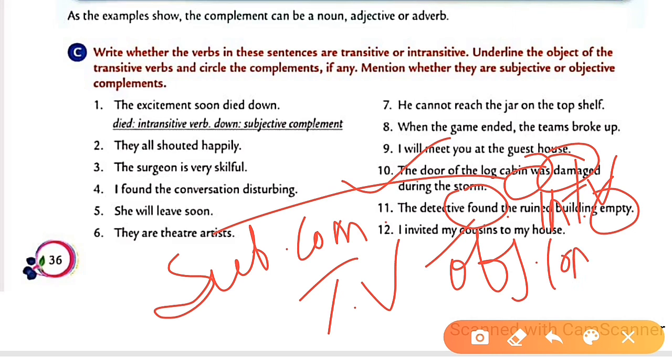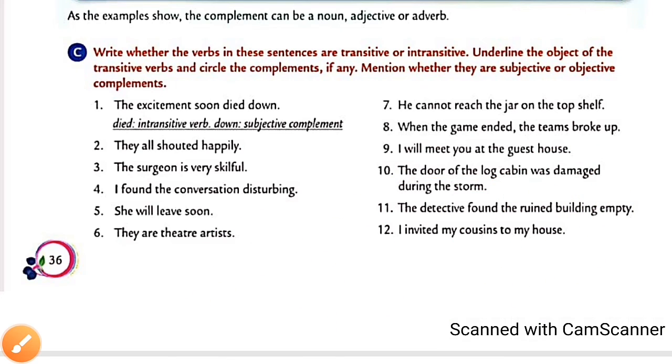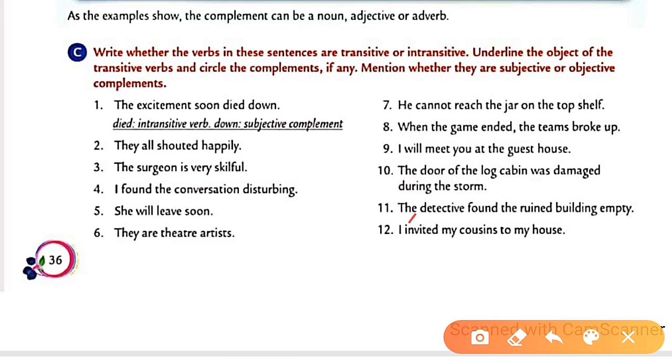Objective complement. If the verb is transitive, definitely this is objective; otherwise, if intransitive, it is subjective. Last one guys, come to last: I invited my cousins to my house. Invited is a transitive verb, TV. Guys, this completes your C part.